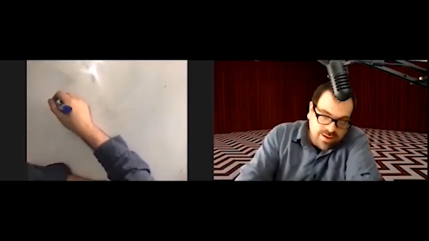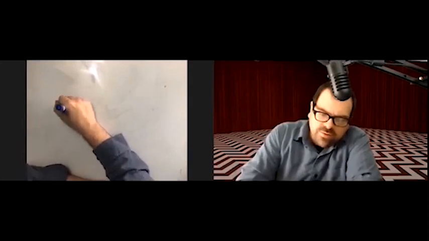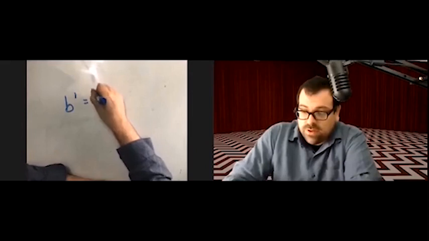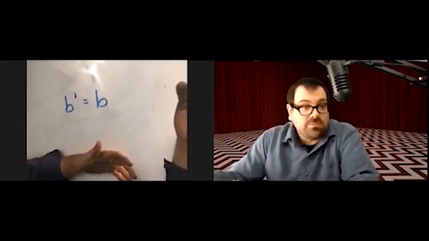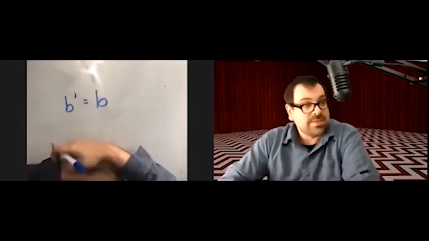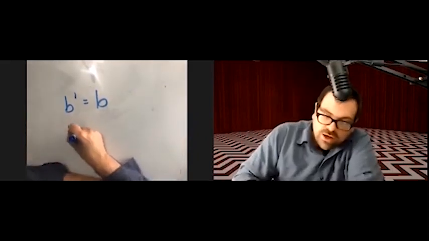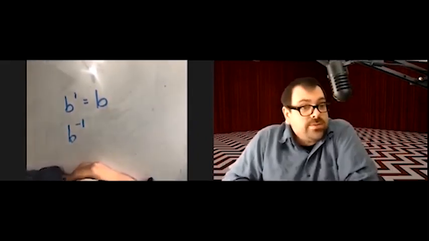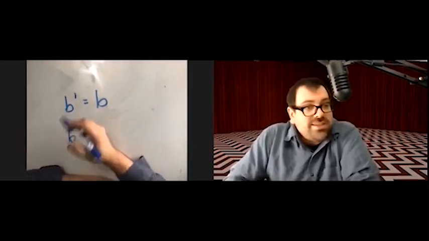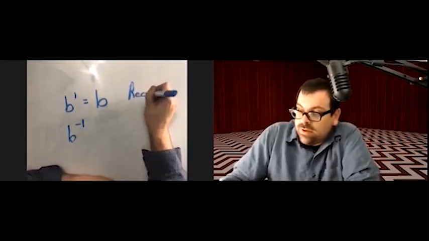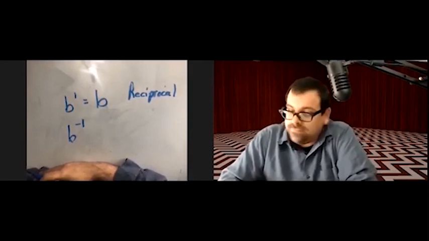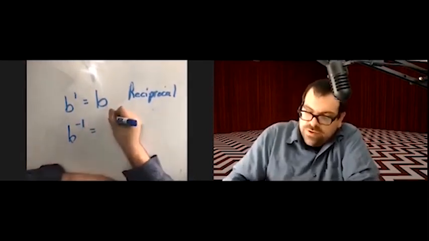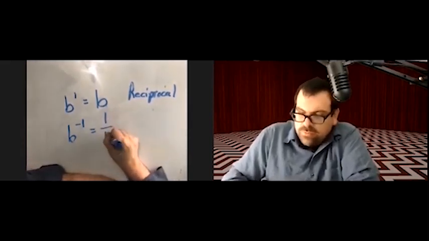So what are negative exponents? Well, if raising something to the first power is itself, and that's where all exponent problems kind of start, the fact that a single thing is an exponent of 1, we should talk about what b to the negative 1 is. And the negative 1 power is actually the reciprocal. B to the negative first is 1 over b.